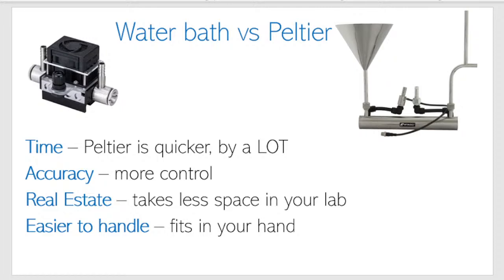Not only that, but the startup time at the beginning of the day or the beginning of the week is quicker, because with a water bath you have to turn it on, it takes a while to get to the temperature, and then you have to hook it up to the device you see here to the right, insert it into the polarimeter, and wait a while for the water bath to get to the target temperature.